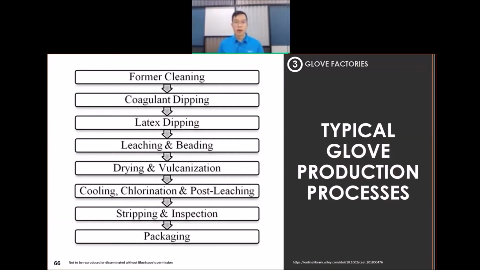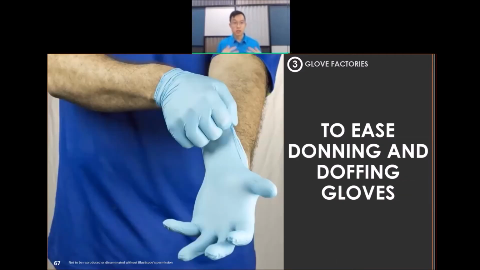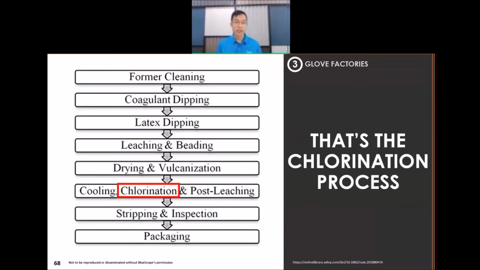Okay, and one of the processes is to allow for donning or doffing of gloves, meaning putting on or taking off gloves. This is the term they use, donning and doffing. And this process is what we call the chlorination process. So no surprise, it contains chlorine.